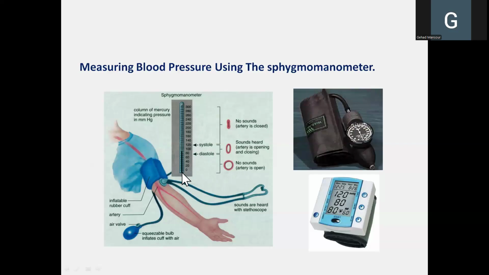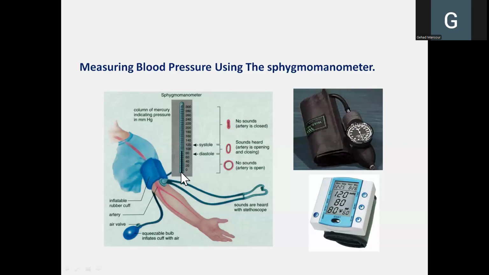At the bottom, there is a reservoir for mercury, and after having finished a measurement of the blood pressure, you have to close this reservoir. Otherwise, some air bubbles can pass from the cuff into the mercury.